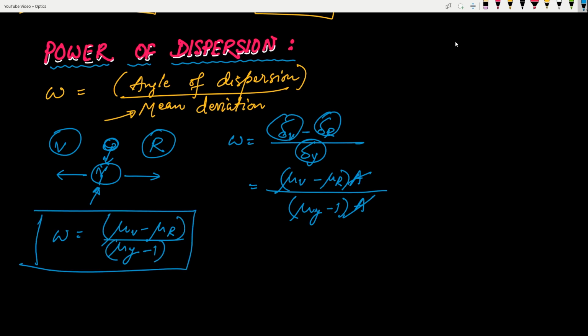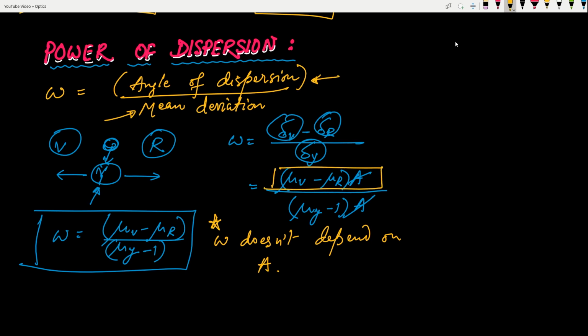The most important thing from this formula that you need to understand is that W doesn't depend on angle of prism. Very important. Power of dispersion doesn't depend on angle of prism. In the earlier concept, angle of dispersion depends upon the angle of prism as well as the refractive index of the material.